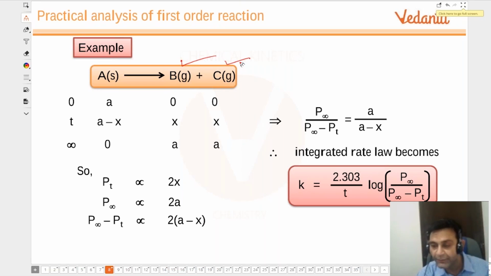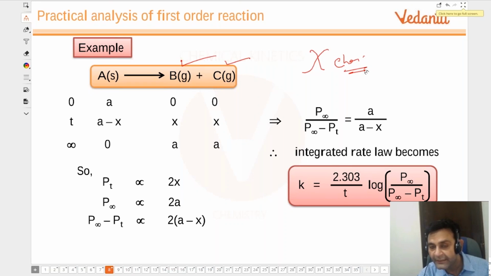Here, X is the amount of the product formed, but not the mole fraction. Moreover, for the mole fraction, we are not using X, but we are using a special symbol, chi. Are you getting me?